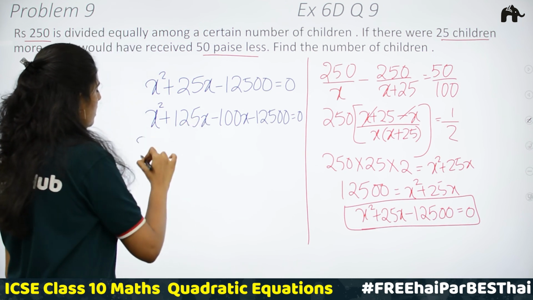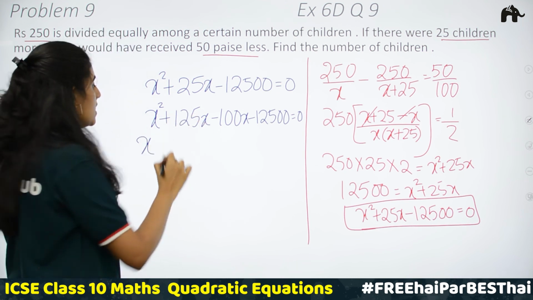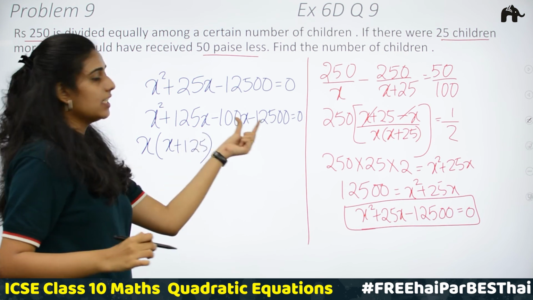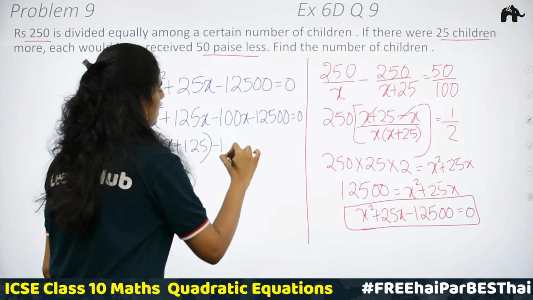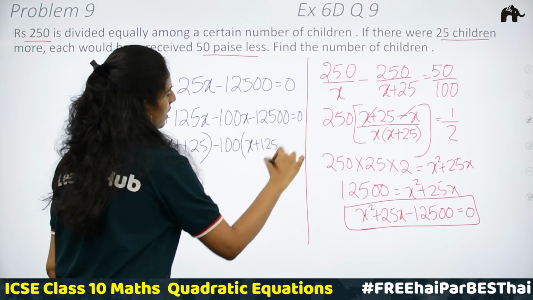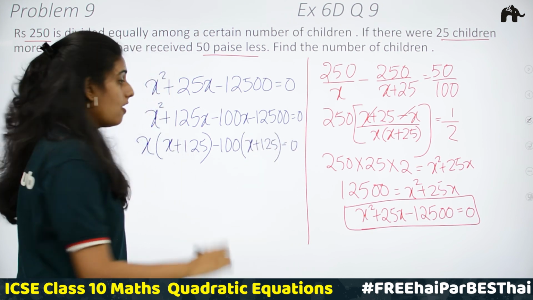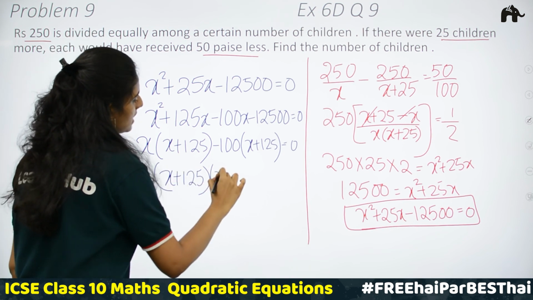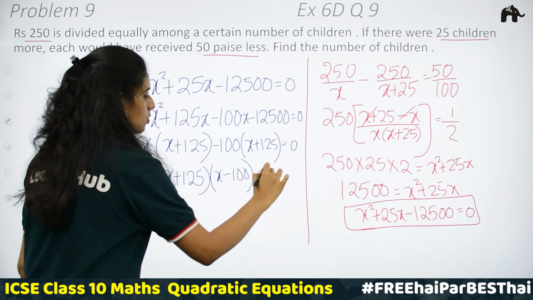Now taking common, x is common from these two terms, x into x plus 125. Here minus 100 is common, minus 100 into x plus 125. That is equal to 0. Or x plus 125 into x minus 100 is equal to 0.